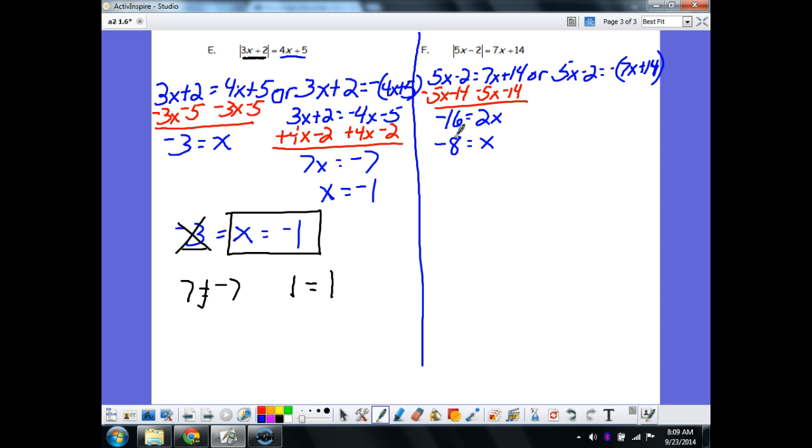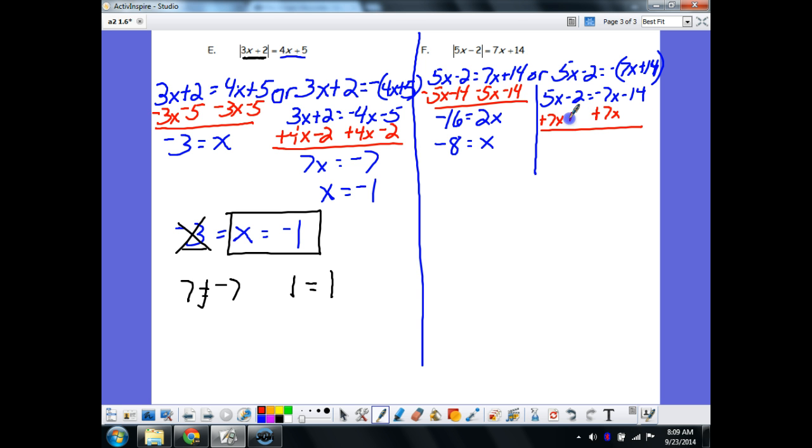And then on the right side, we need to distribute the negative first, so 5x minus 2 is equal to negative 7x minus 14. And then we're going to get the variables on one side, constants on the other, so we're going to add 7x.